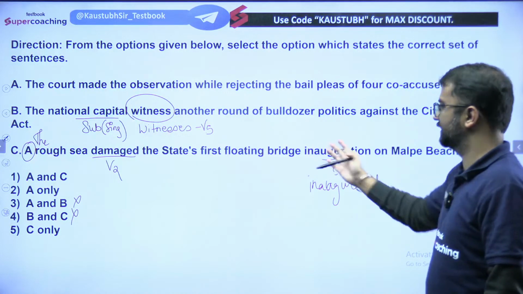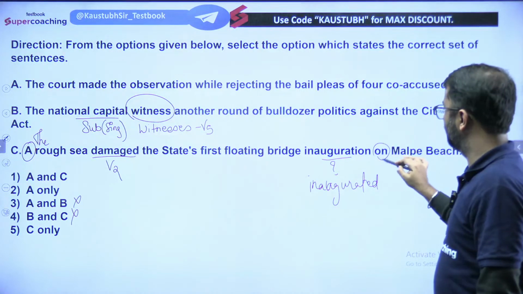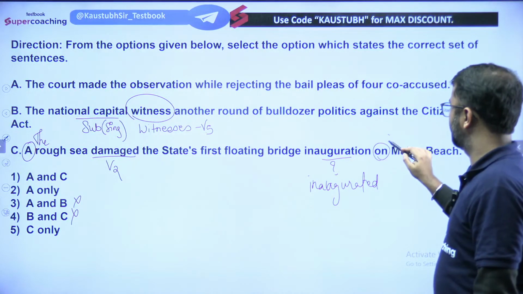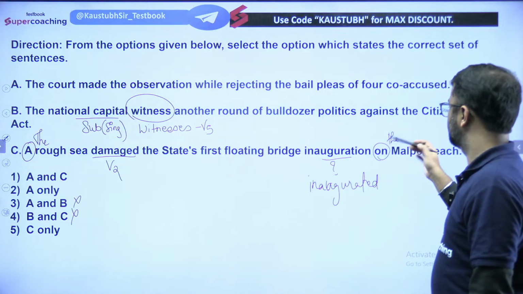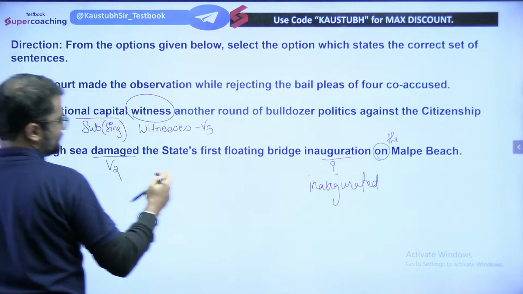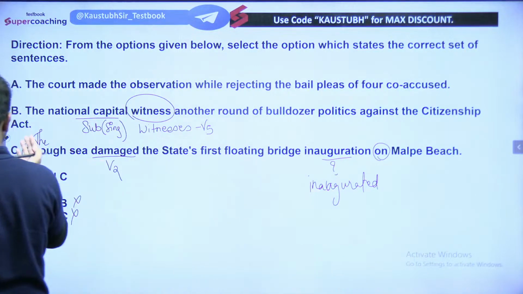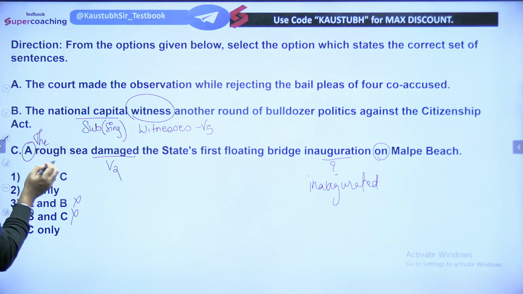So that and was are implied here, on Malpe Beach. On Malpe Beach is fine, or you can say on the Malpe Beach. The sounds a little odd, but otherwise there is no problem, because we have two very prominent errors here. It should be inaugurated, and the article A should also be the. So C also definitely has an error.